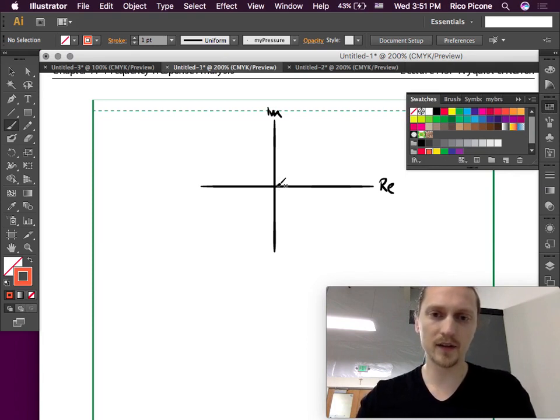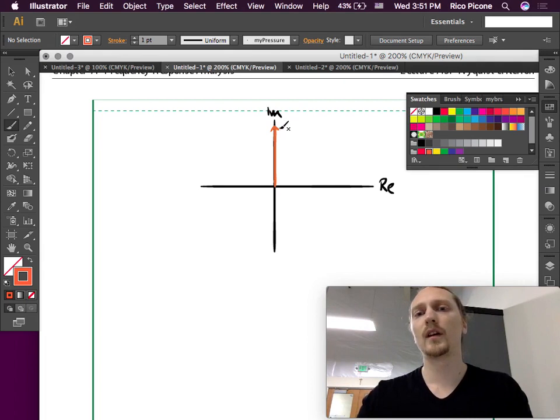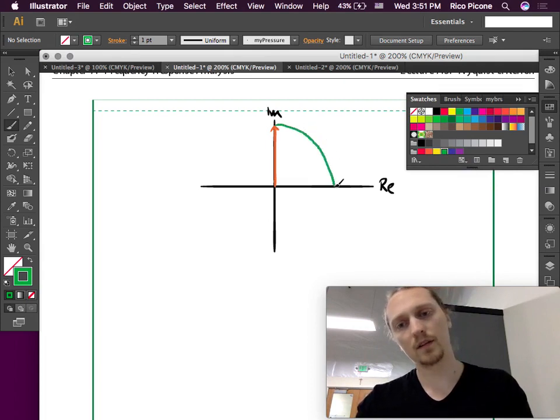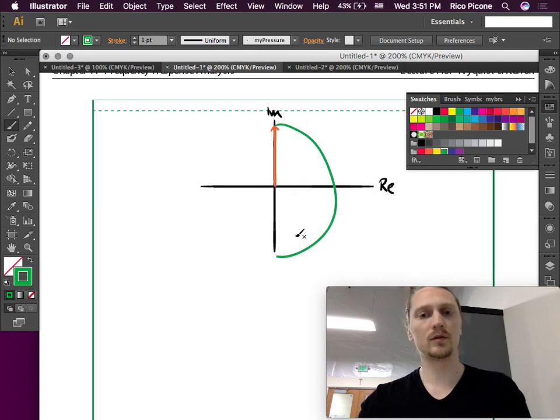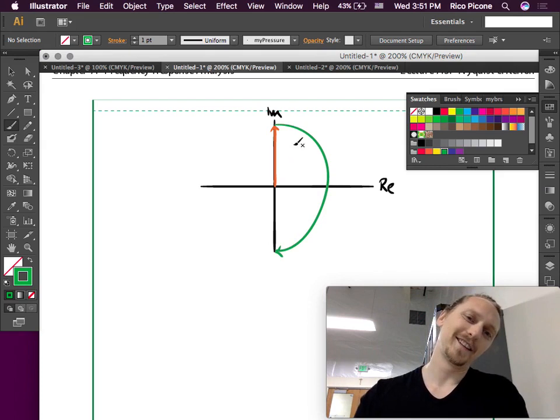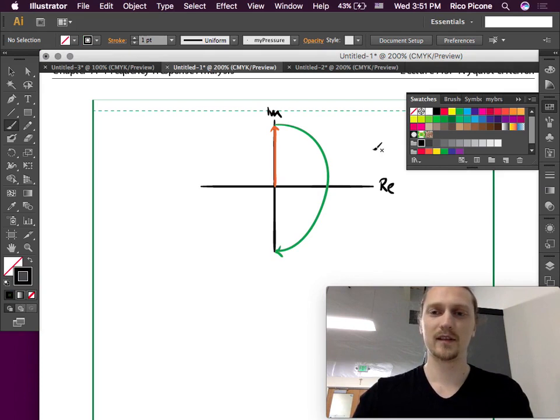Our contour starts at the origin and it goes up to positive infinity, right? And then it goes around to negative infinity, right? So this is infinity, this is negative infinity.